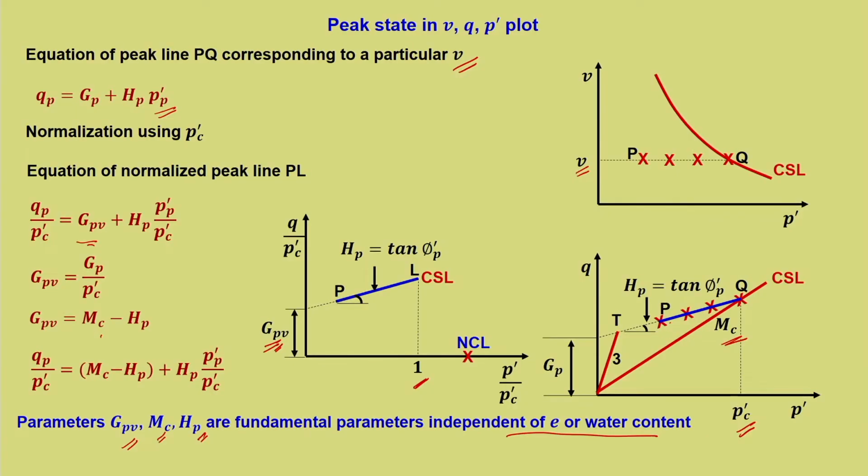As I told, there is another hidden part here which may violate this fundamental nature, that we will see a bit later. The contribution of e or water gets included in p'c in this particular parameter. The effect of e and w is inclusive in the normalizing parameter p'c. That is why it gets normalized.